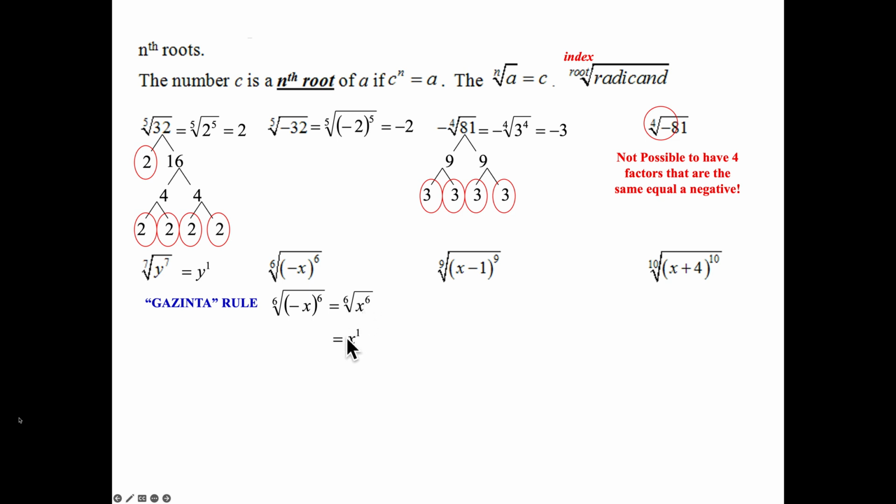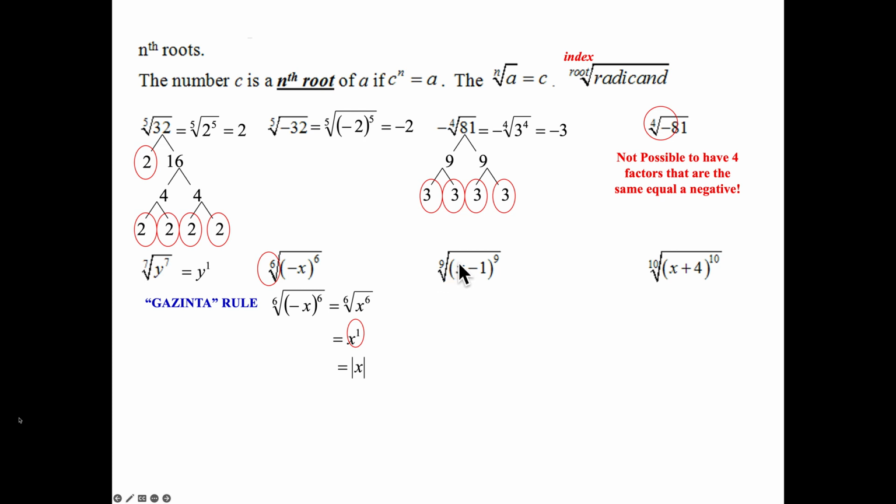Now the 6th root of x to the 6th is just x to the 1st. And because it started as an even root and ends with an odd power, absolute value bars. Again, the directions will say, let your x's represent real numbers. Ding, ding, ding, they can be negative, so absolute value bars. If my direction said, let the variables be represented by positive numbers, I don't need them.